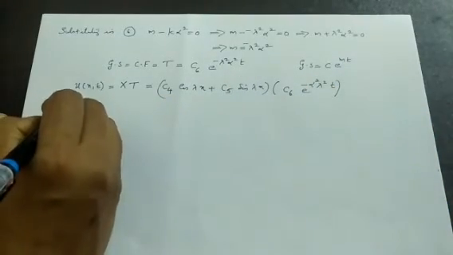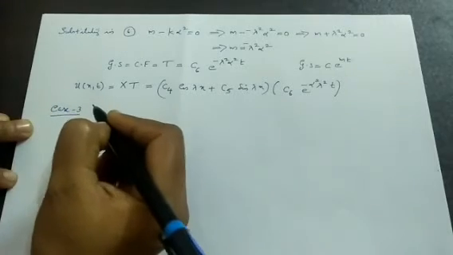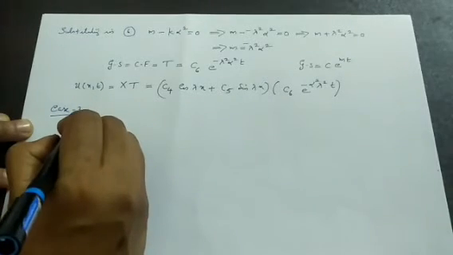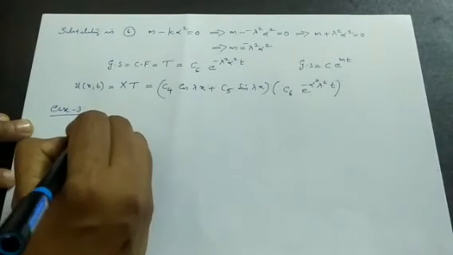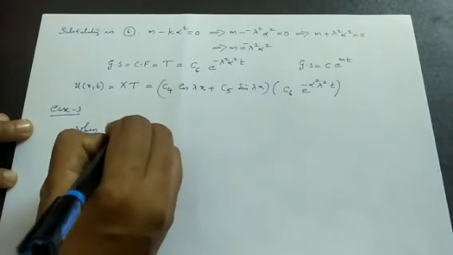Now we will move to case 3. In case 3, we take k as 0.